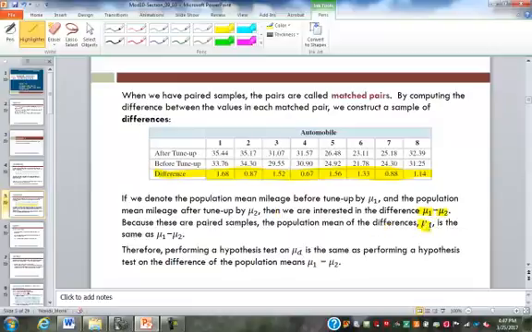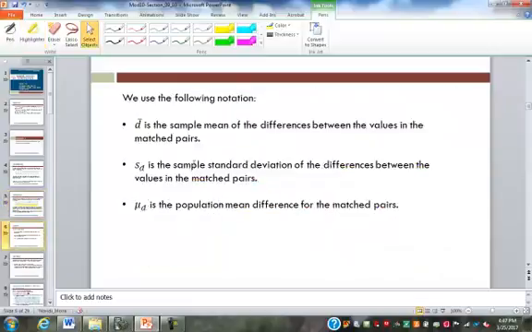So mu d is our mean difference, but again, they're listing it backwards here. Otherwise, these would be negatives because the before is smaller than the after. But before performing this test, we need to define all those things. Again, they got that backwards here.